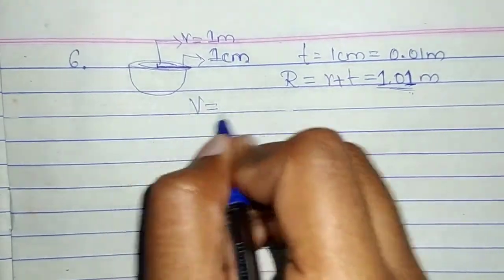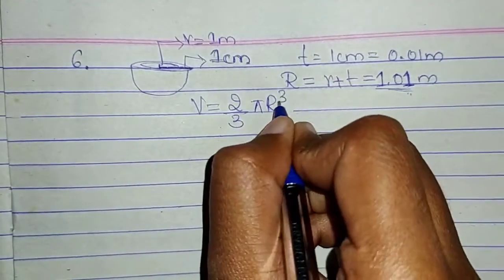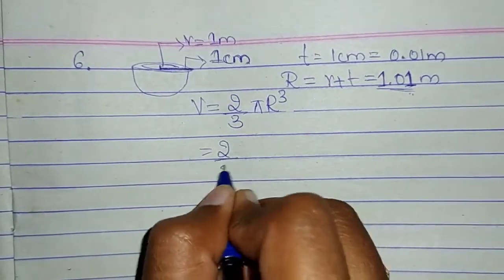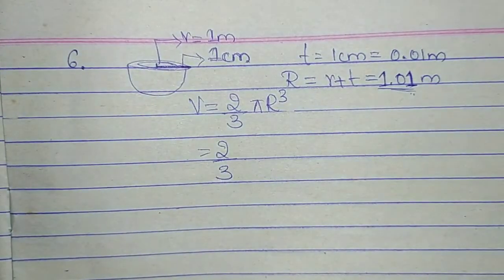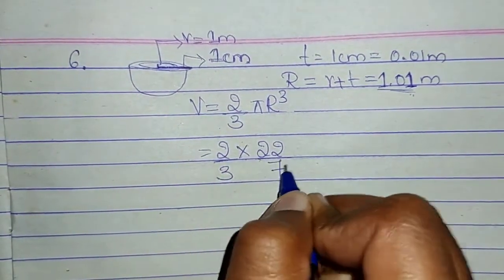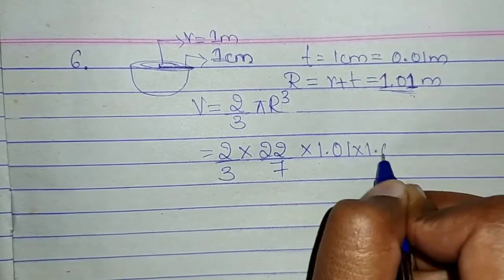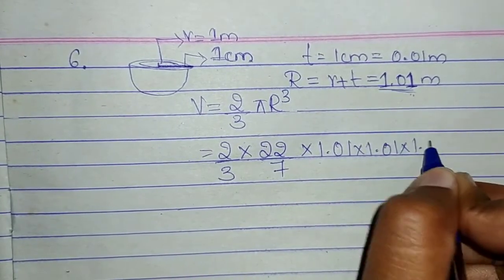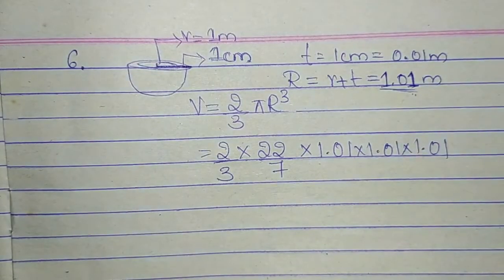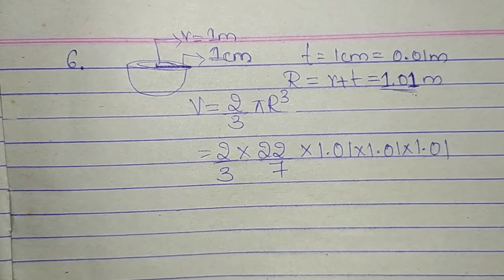Since it is a hemisphere, the volume is 2 by 3 pi capital R cube. This is 2 by 3 into pi, which is 22 by 7, into R cube, 1.01 into 1.01 into 1.01.